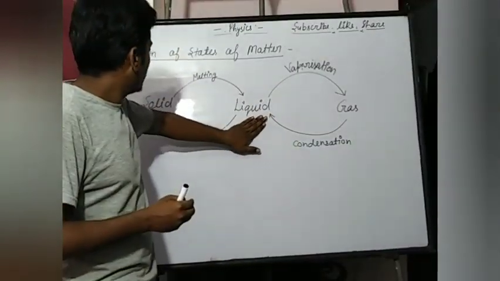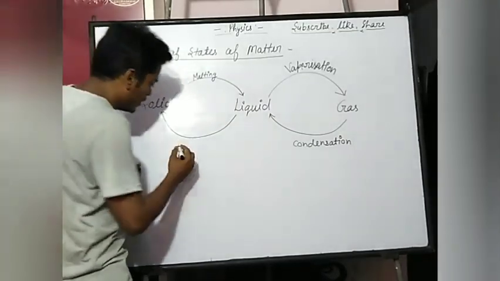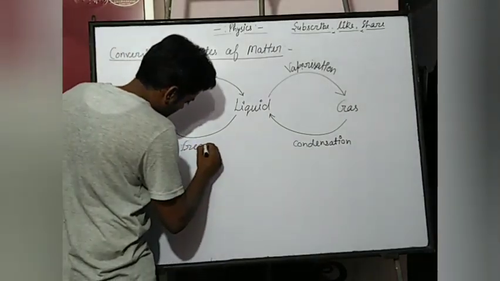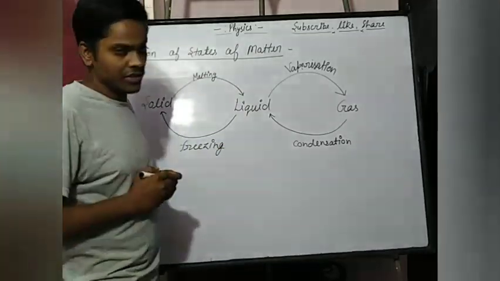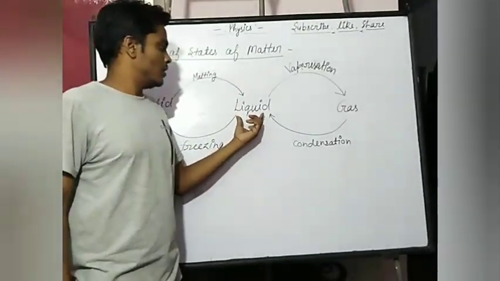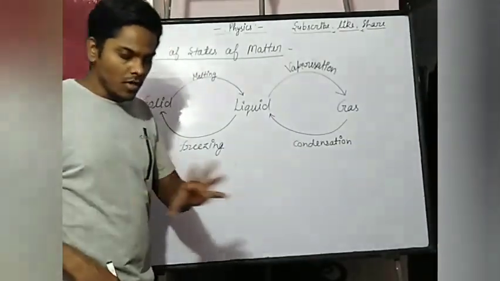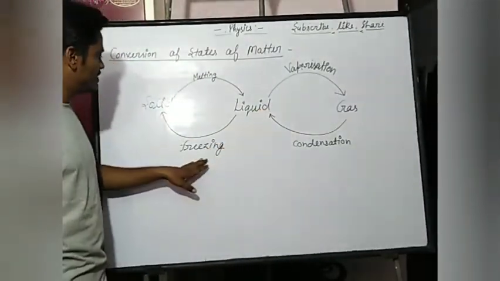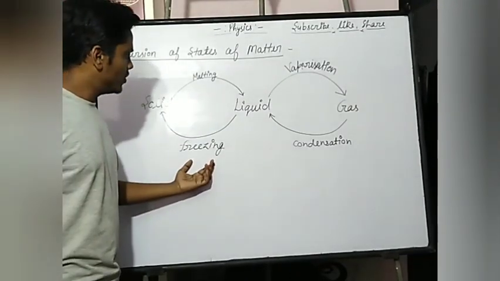And now liquid becomes solid by the process of freezing. You have several times taken water and put it in the freezer, and it freezes and becomes ice, meaning solid. Okay, so this is known as freezing.